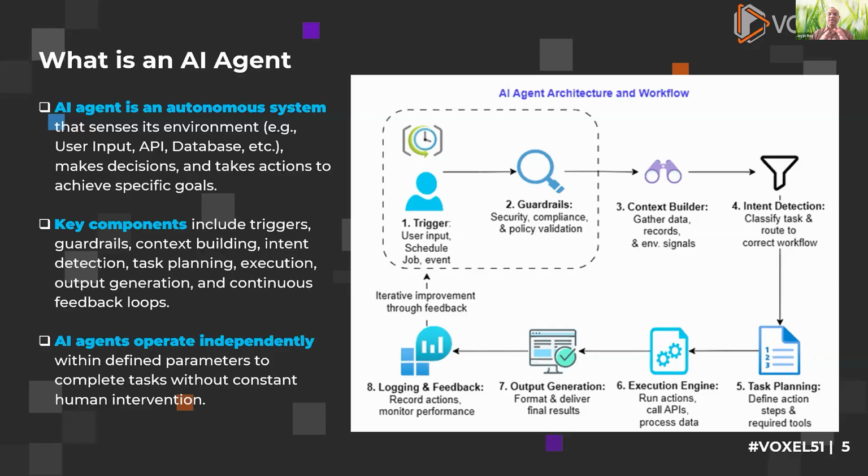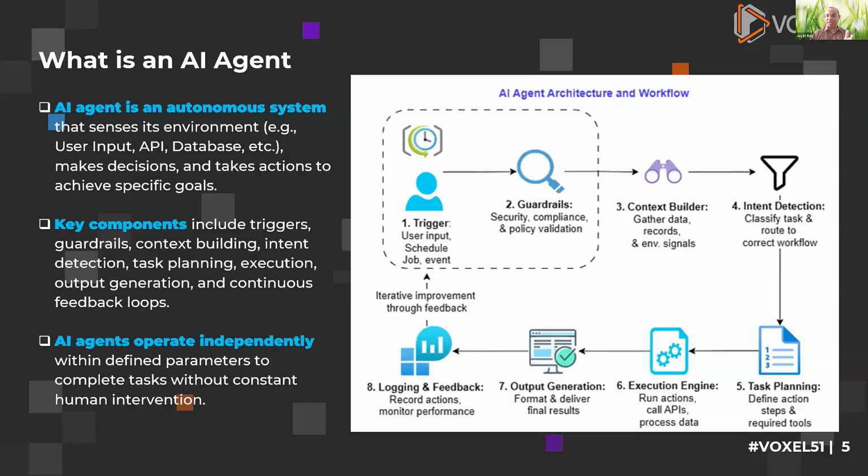Let me explain a little differently. You define a workflow through an AI agent. When that workflow is executed and the execution is completed, it collects the outcome, the performance, and other metrics, and sees if there is any scope for improvement. Then in the next run, it will correct those courses.